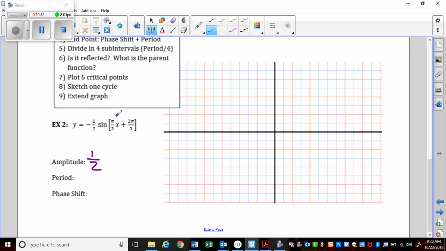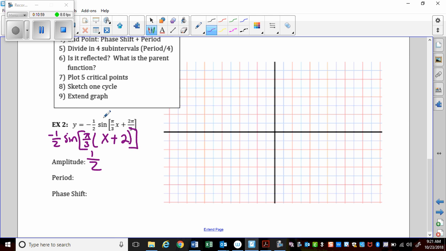The period, we're going to have to factor out the pi over 3. So the 1/2 stays negative 1/2 sine. I'm going to use the bracket. Pi over 3 I'm factoring out, parentheses, x plus 2, because 2 pi over 3 times 3 over pi is 2. That's pretty cool.